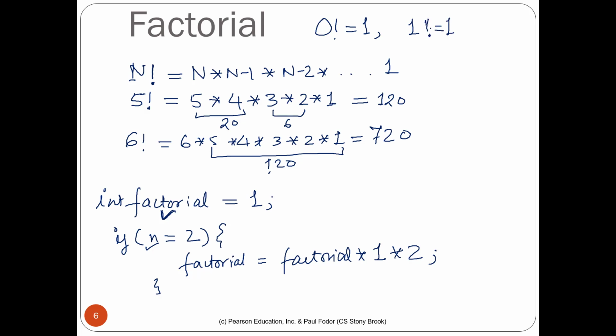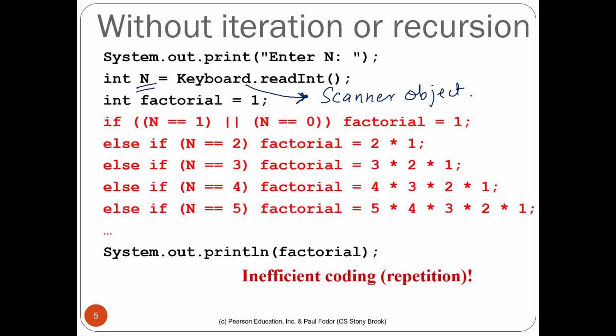This definition you can take from mathematics. So you can return factorial as 1 when the n which the user is providing is either 1 or 0.